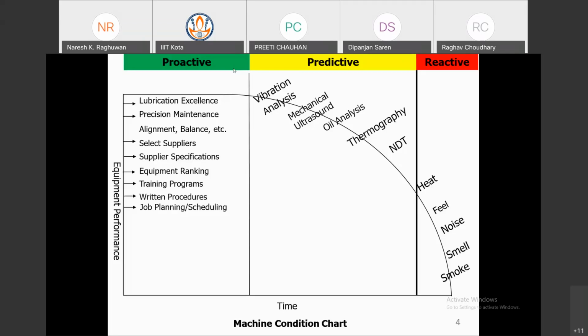Now the third is reactive maintenance. Reactive means something is wrong in the machine. Suppose the machine is becoming hot, so some heat is emitted from the machine. A maintenance engineer will be there and think, okay, this is hot.